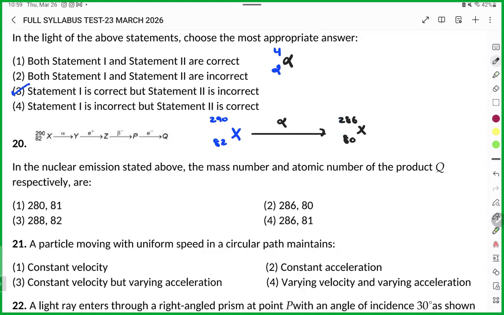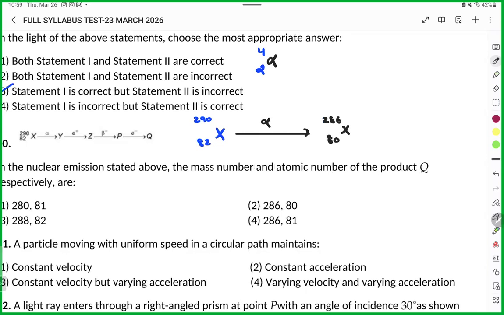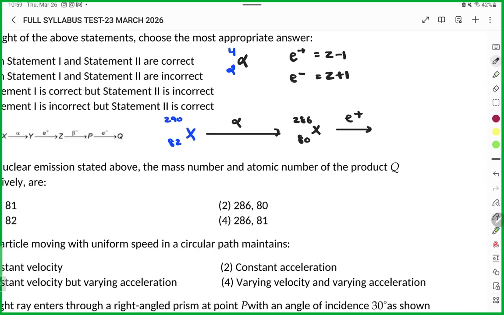Okay. Next, if you remove one positron, E positive, whenever you have positive, atomic number will reduce. E पॉजिटिव लोगे तो Z एक रिड्यूस हो जाएगा, एंड E नेगेटिव लोगे तो Z एक इंक्रीज हो जाता है. तो E पॉजिटिव में, नहीं इसको Y बोलेंगे.